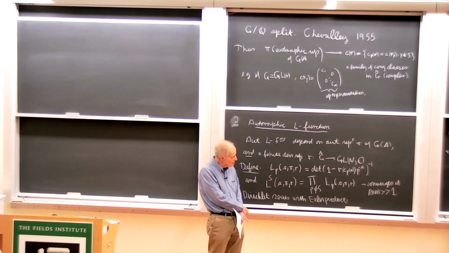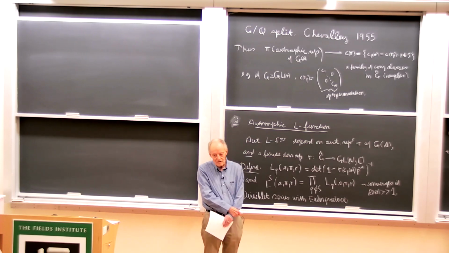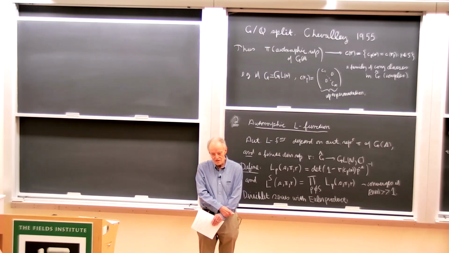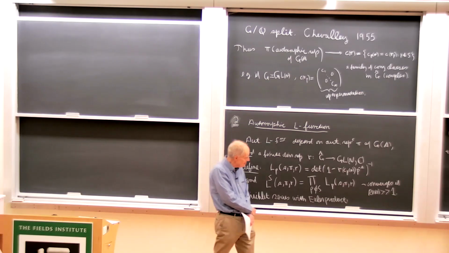If it's just something that occurs in the discrete spectrum, conjecturally you get convergence in another half plane a little bit to the right of that, because there are things that are not cuspidal that will occur in the discrete spectrum, like the trivial one-dimensional representation, for example. But we're okay just assuming that it converges in some right half plane. I think that's probably the way Langlands phrased it.